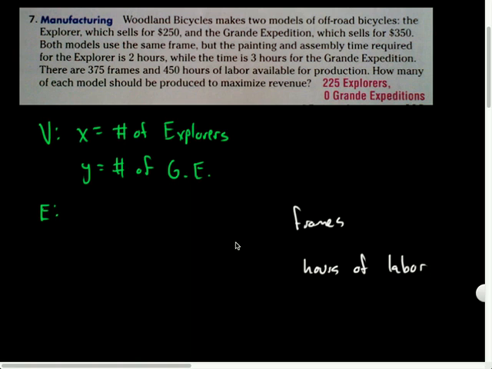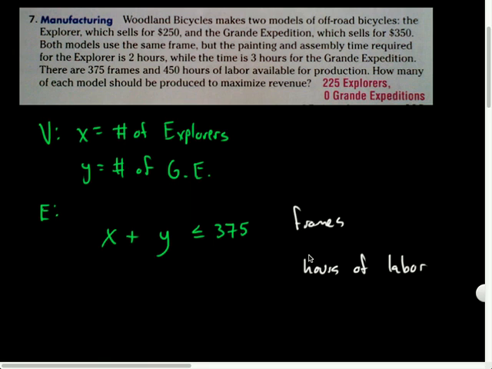So my equation regarding the frames, what do I know about the frames? 375 frames altogether. So the number I produce must be less than or equal to that number. And yeah, straight X plus Y, no matter how fancy your bicycle is, it should only use one bike frame, I imagine.